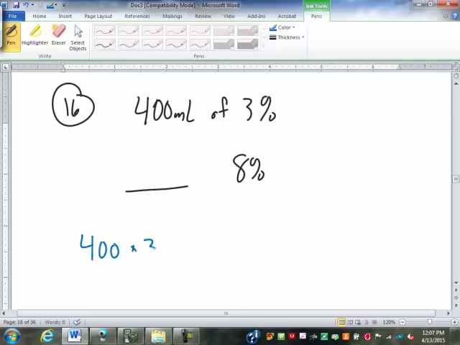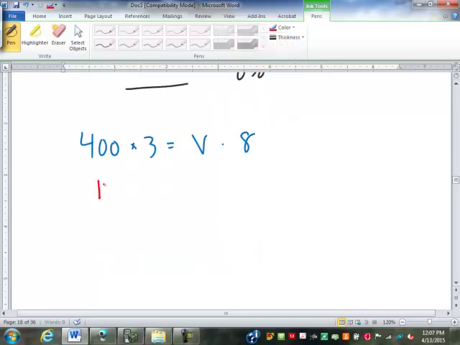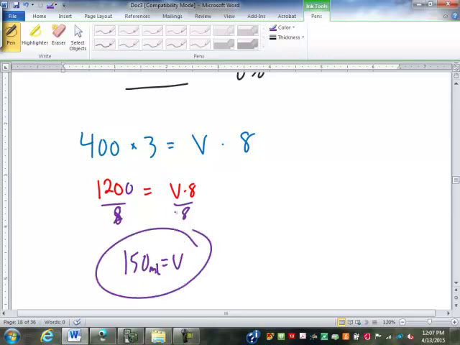So 400 times 3 equals V2 times 8. 400 times 3 is 1,200 equals V times 8. We divide by 8. 1,200 divided by 8 is 150. The other volume is in milliliters, so this is in milliliters. So 150 milliliters.